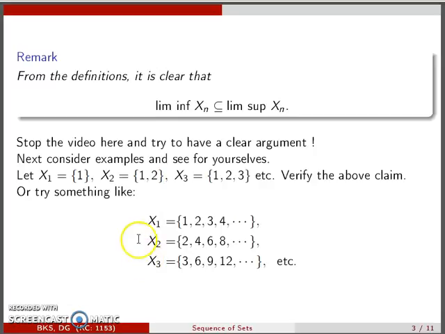Or you can try something like this: x1 contains all the natural numbers 1, 2, 3, x2 contains all the even natural numbers 2, 4, 6, 8 and so on, x3 all the multiples of 3: 3, 6, 9, 12. You can think of this as natural numbers multiplied by 1, 2, 3 and so on. And again, try to find lim sup and lim inf of all these xi's.